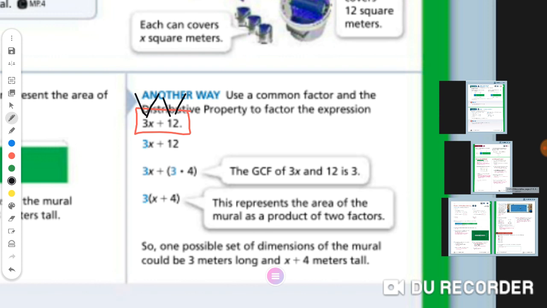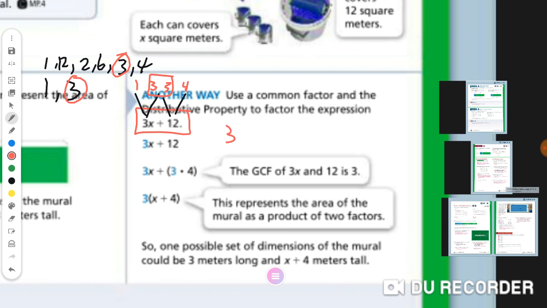Factors of 12, as we said before, are 1, 12, 2, 6, 3, 4. Factors of 3 are 1, 3. The highest common factor is 3. So I can write 3 as 1 multiplied by 3, and 12 as 3 multiplied by 4, and 3 is the common factor. I will take it out.